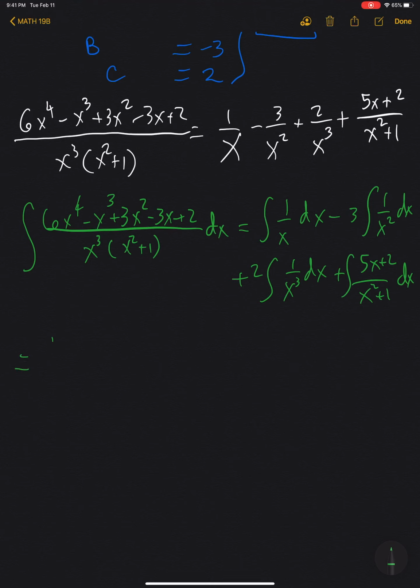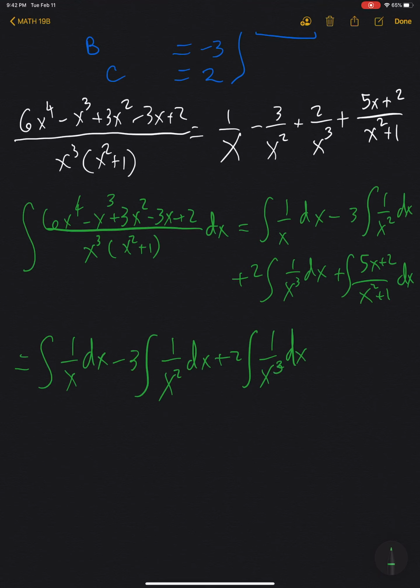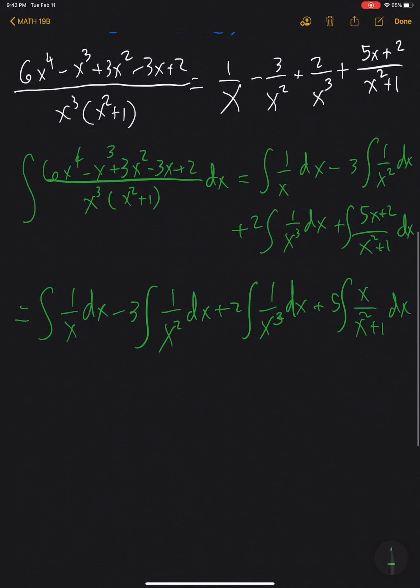In other words, we end up with the integral of 1 over x dx minus 3 times the integral of 1 over x squared dx plus 2 times the integral of 1 over x cubed dx plus 5 times the integral of x over x squared plus 1 dx, plus 2 times the integral of 1 over x squared plus 1 dx.